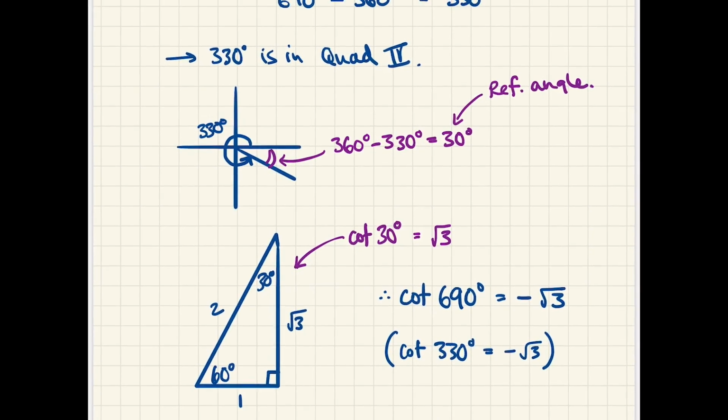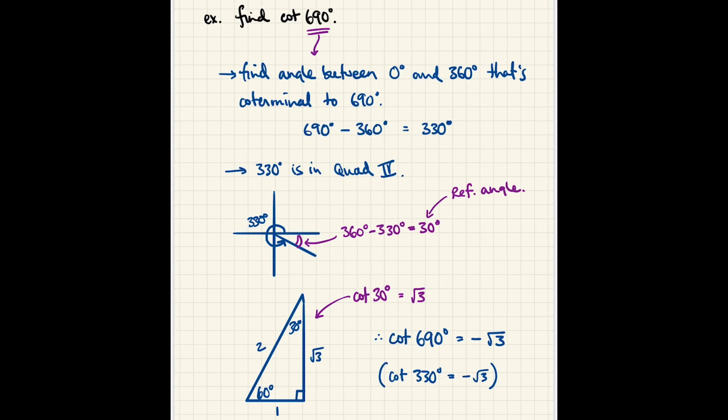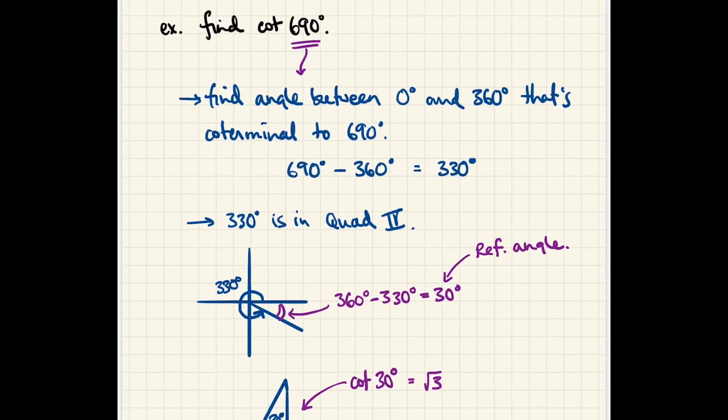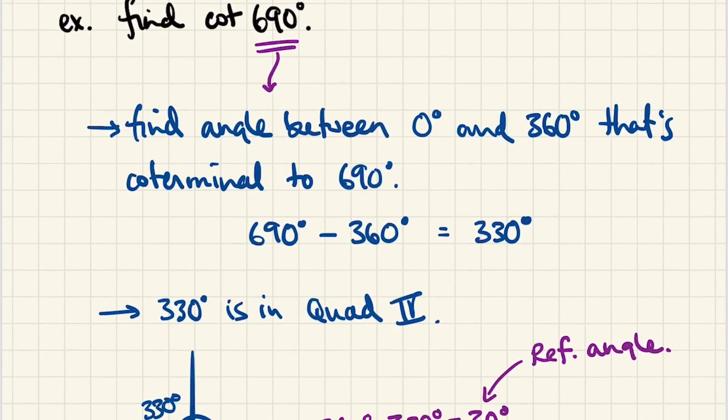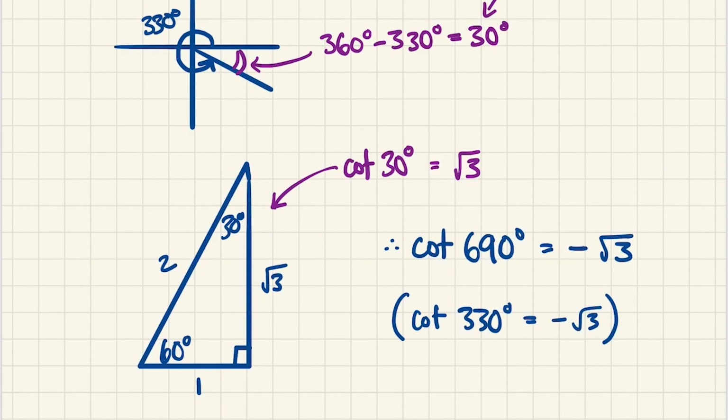It's tempting when you're working these out to use a calculator to get these answers instantly, or to look them up on a table, or to look them up on a unit circle, which, if you don't know what that means, we're going to learn that very soon, so don't worry. I very much recommend that you do not deny yourself this process here.